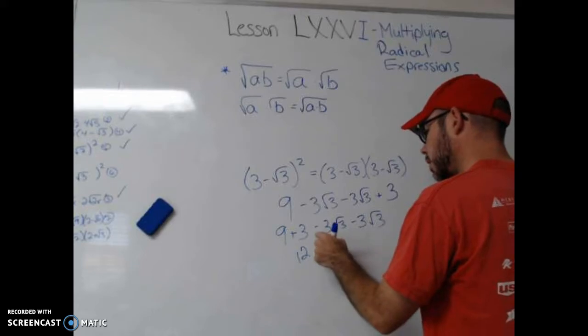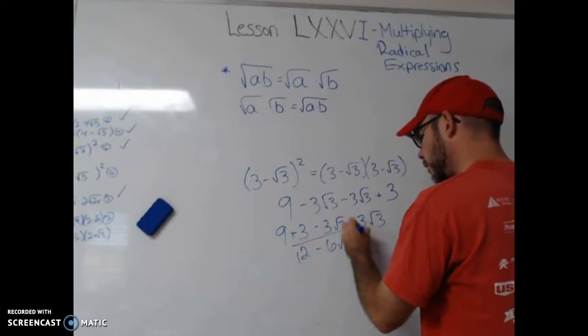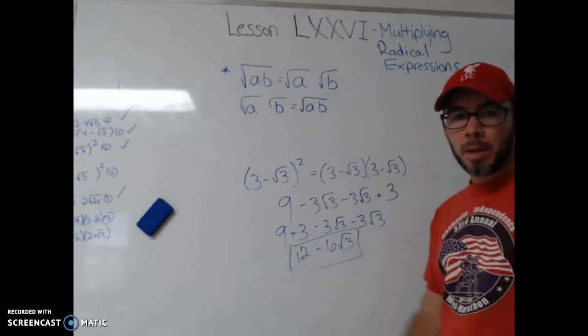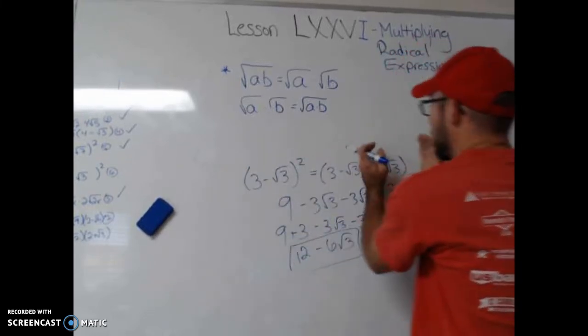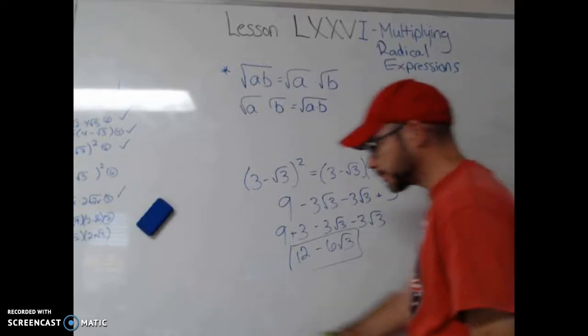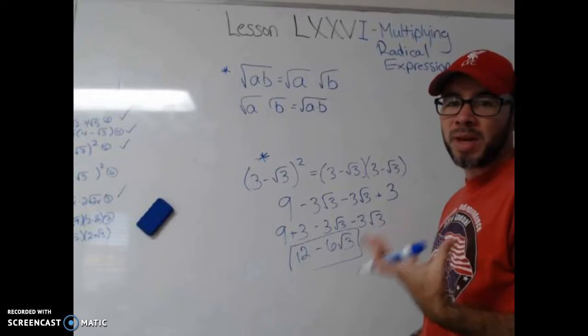And this here is negative 3 of these, and negative 3 of these is negative 6 of these. That's a really great answer right there. But I do not do that other business. I take everything in parentheses and I just rewrite it right next to it. That's what squaring means. So this is the one that I see most often people mess up on.